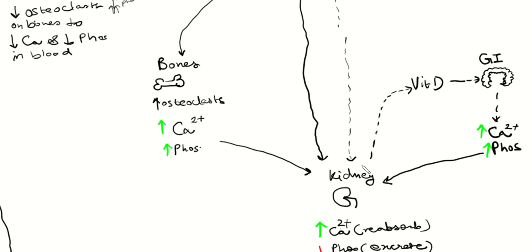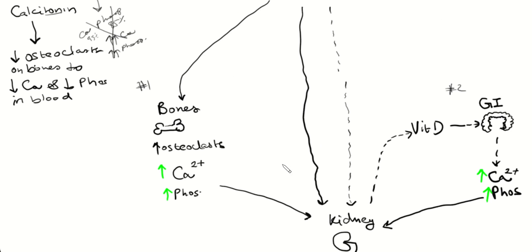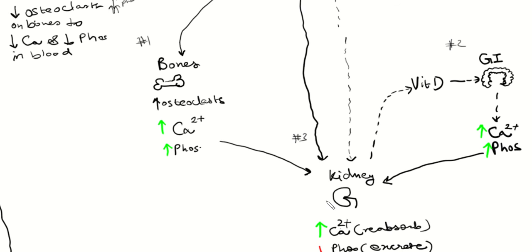Where does the blood go? To the kidneys. In the kidneys, this is the third mechanism. So remember, we had bones and we had the gut. Now, this is the third mechanism. And this is where a little change happens, but this change is really, really important to understand when we are thinking about calcium and phosphorus.